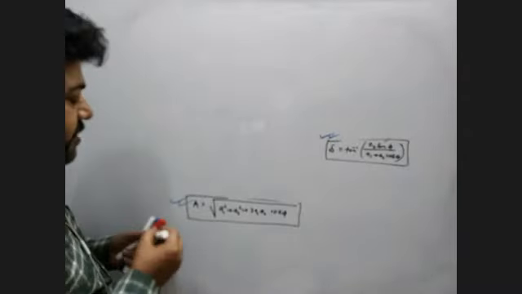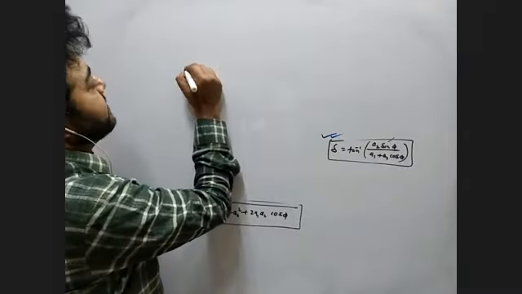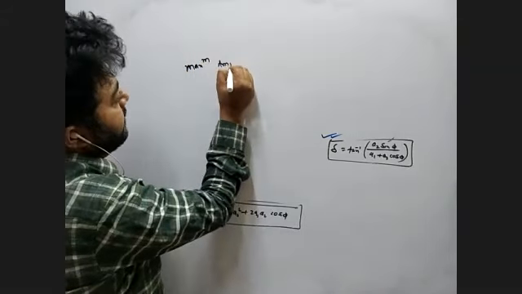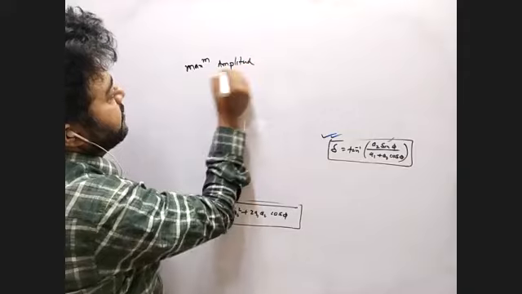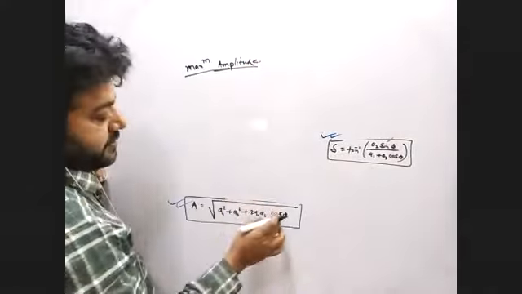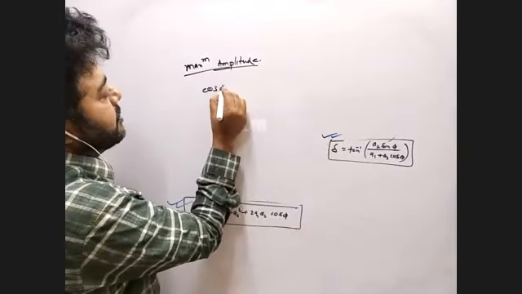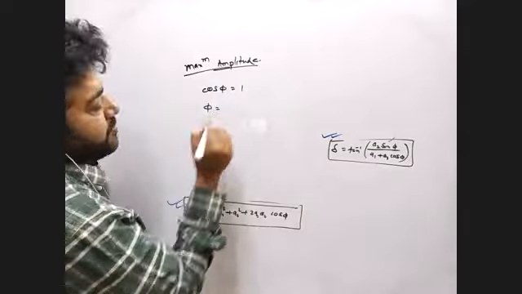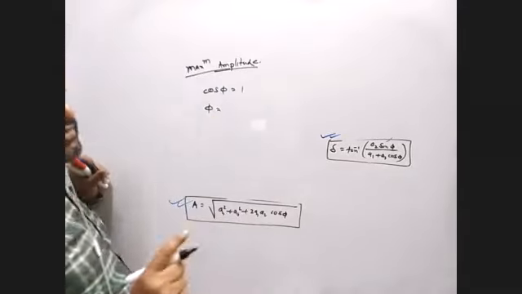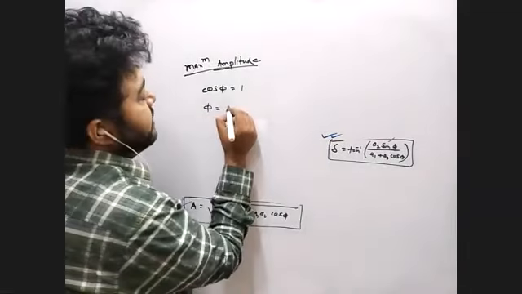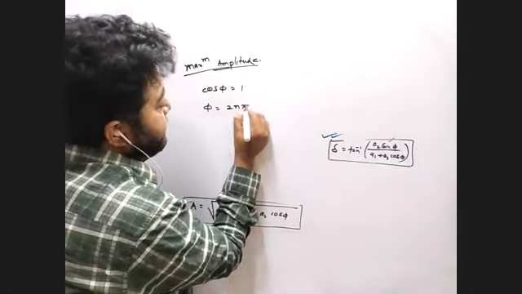Now for maximum amplitude, this cos phi must be 1. That is possible when the phase is 0, 2 pi, 4 pi, so we can write 2n pi.